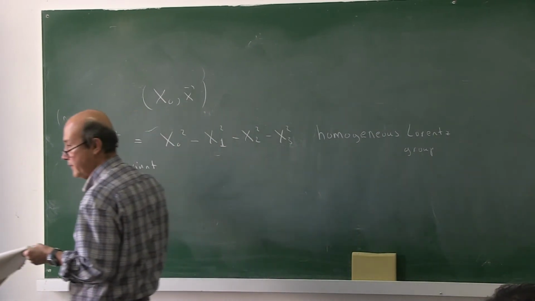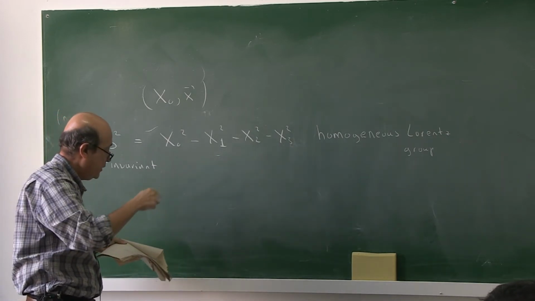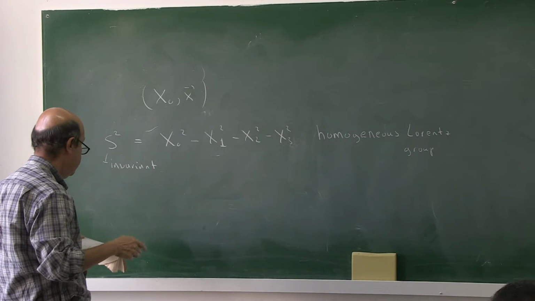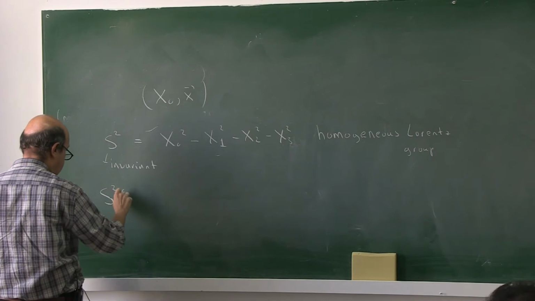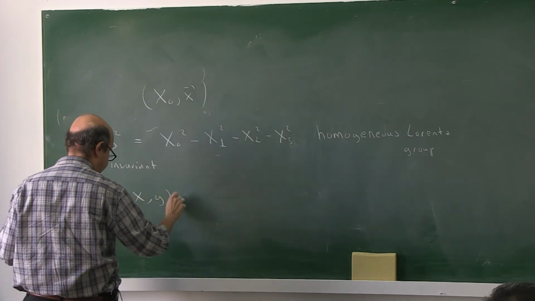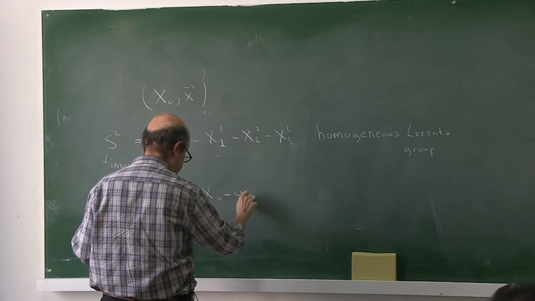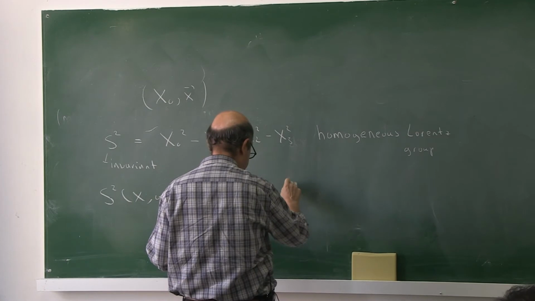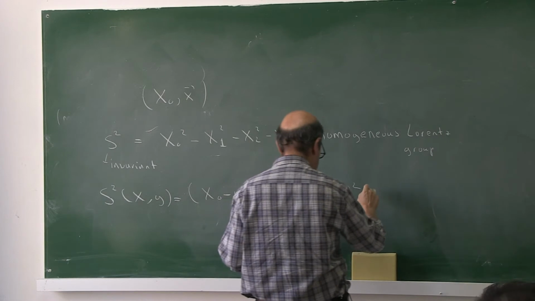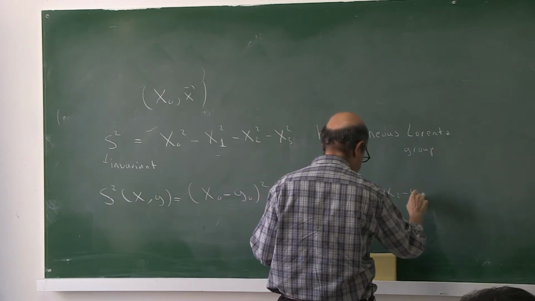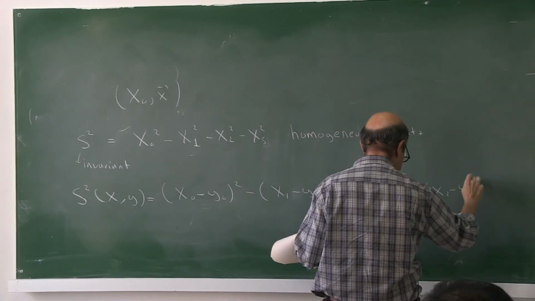So this is the difference between what? With the 0: x0 minus 0 and x1 minus 0. If you look at the difference of the other location, you can define an s square xy, and that is nothing but x0 minus y0 square minus x1 minus y1 square and x2 minus y2 square, x3 minus y3 square.